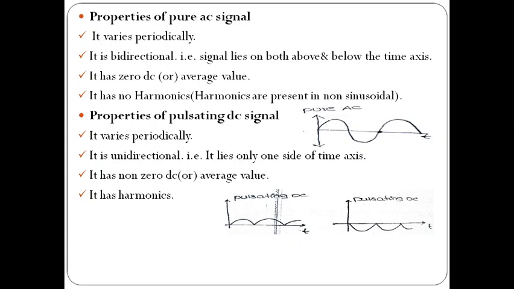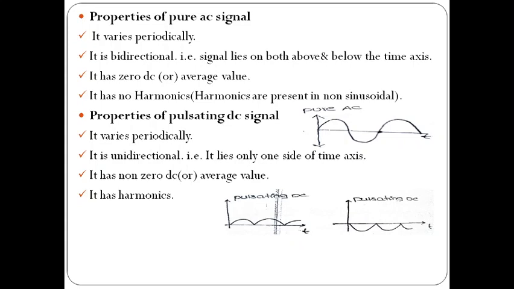That means it is pure AC. It does not contain any DC components, since DC is nothing but the average value. And it has no harmonics. Harmonics means multiple frequencies in a signal. This sinusoidal signal does not have harmonics. Generally harmonics are present in non-sinusoidal signals.